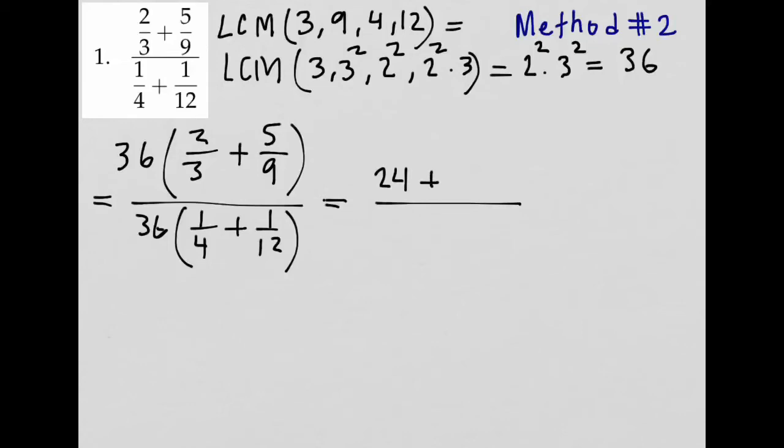Plus 36 times 5 over 9 is equivalent to 36 over 9 times 5, which is equivalent to 4 times 5, and that's 20.